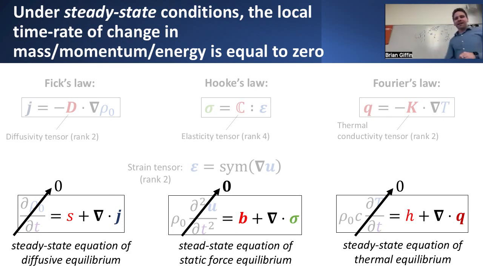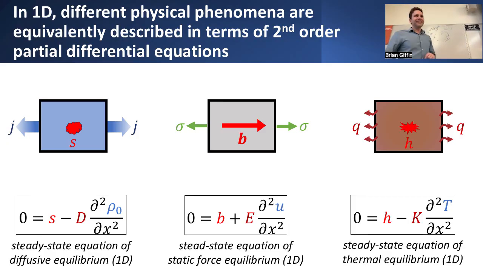But at the end of the day, we can take a simplified, almost one-dimensional perspective on all these things and recognize that if we utilize Fick's law or Hooke's law or Fourier's law, plug all those things into these equations and consider only steady state conditions, what we get are a set of partial differential equations that all look basically the same.